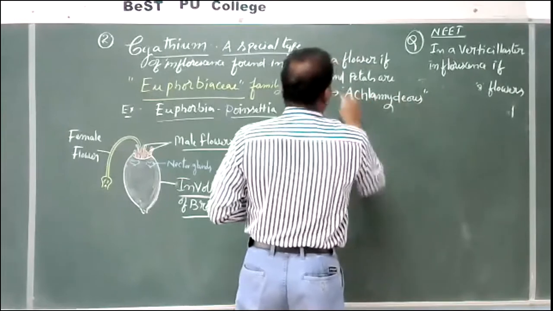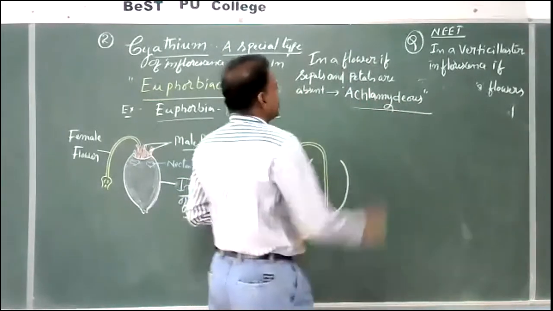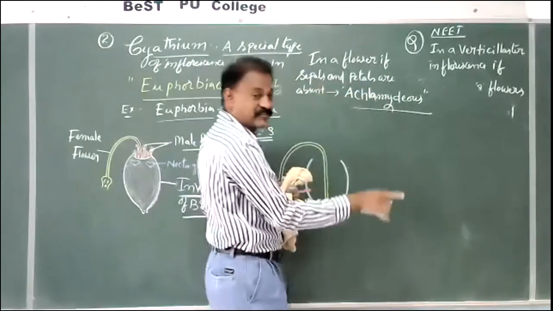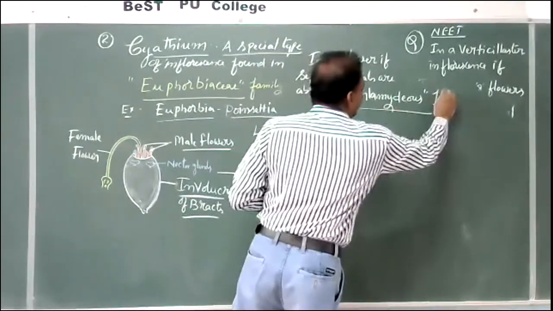In a flower, sepals and petals are absent. Such a flower is called an achlamydeous flower.